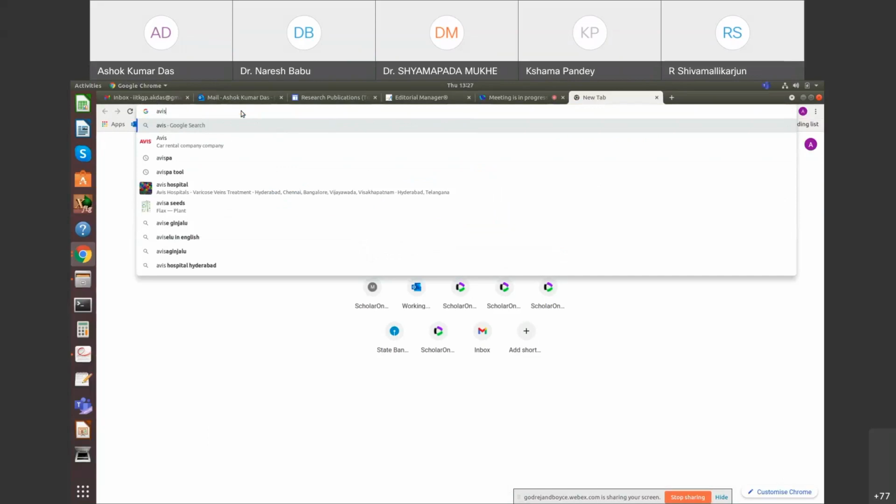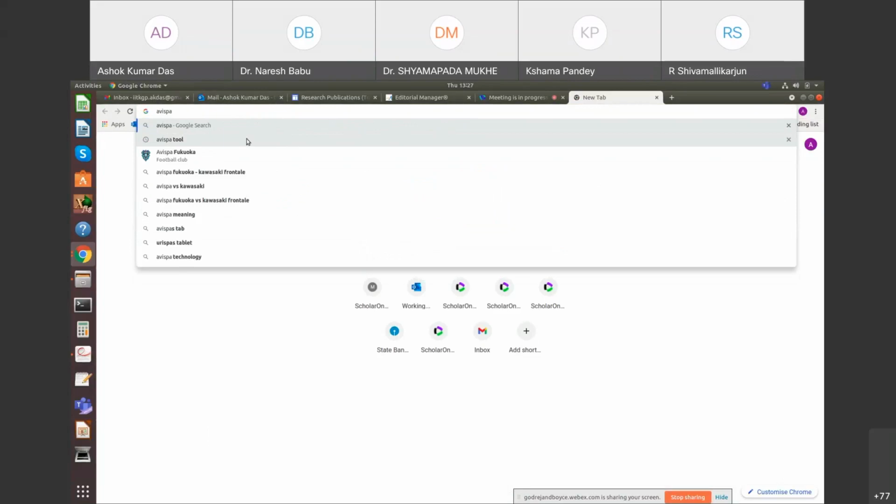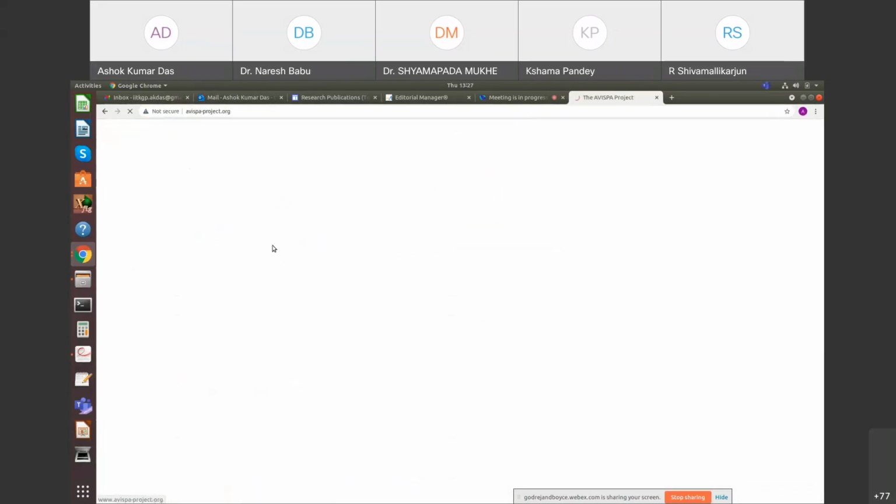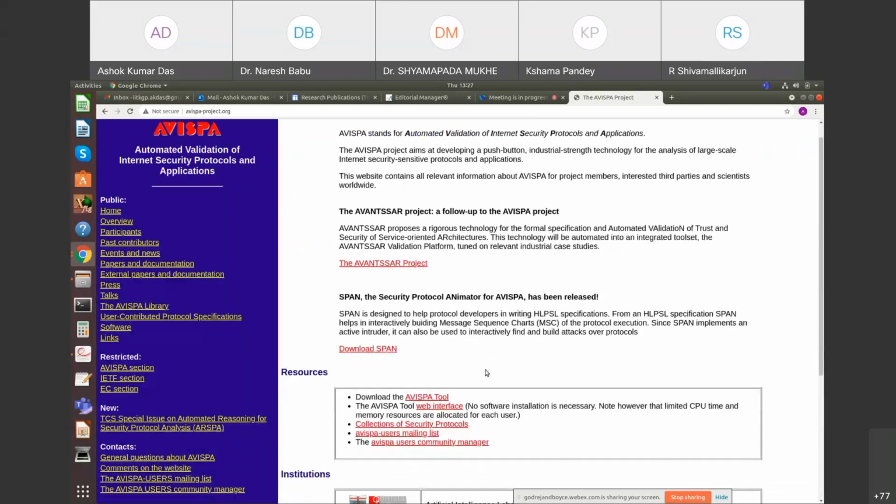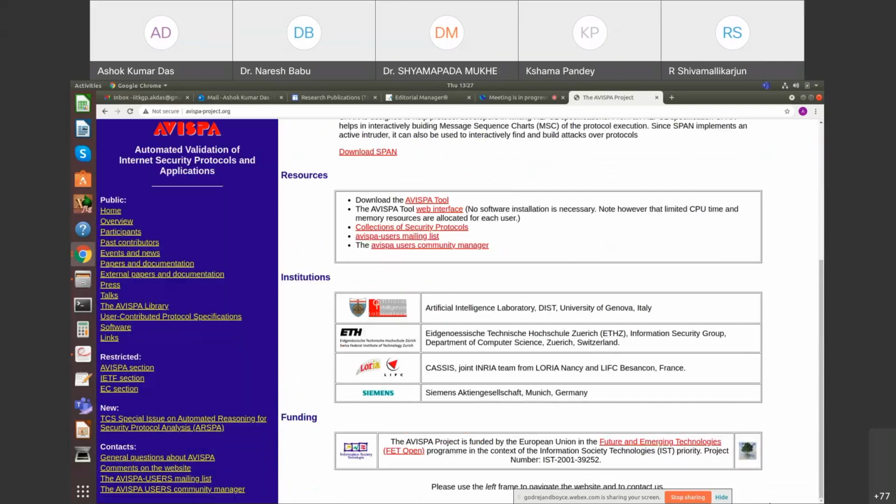You can look at the Avispa project. It was built by artificial intelligence laboratories in Italy, Switzerland, France, as well as Germany. Also, in the Avispa library you have several protocols.